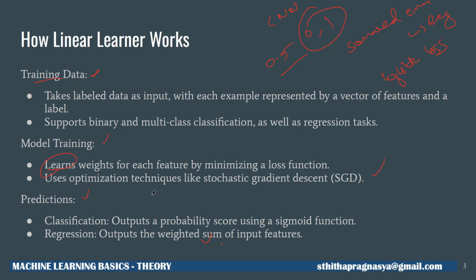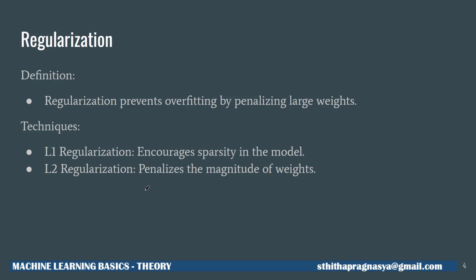Two steps are not listed here, but they are regularization, which you can see here. It's not a part of the algorithm that you have to implement all the time. But to prevent overfitting, the linear learner algorithm supports L1 and L2 regularization.